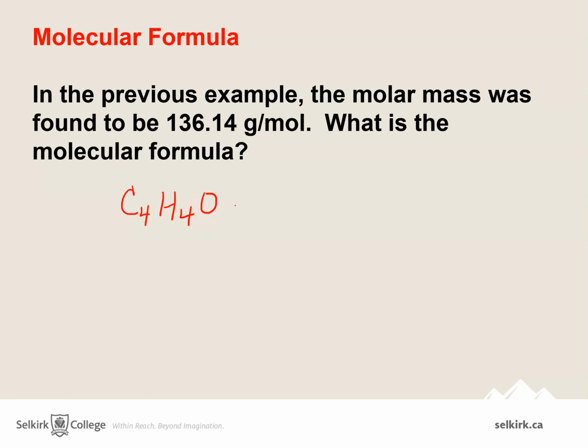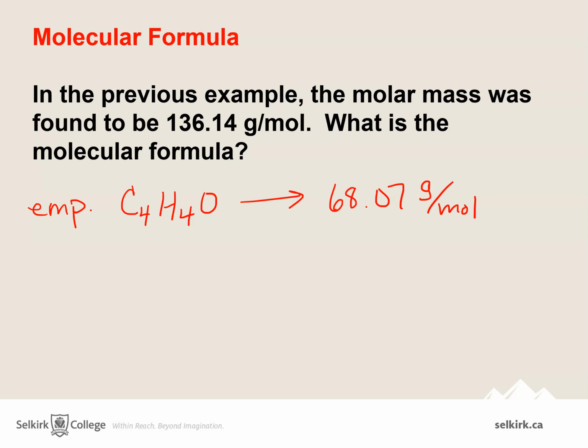And if that were the formula, what the molar mass would be, that's the empirical formula, 4 times 12.01 for the carbon, plus 4 times 1.008 for the hydrogen, plus 16. That's 68.04 grams per mole. So maybe you should pause the video and see if you can figure out the next step before I do.